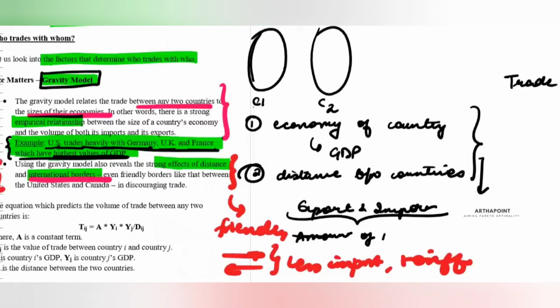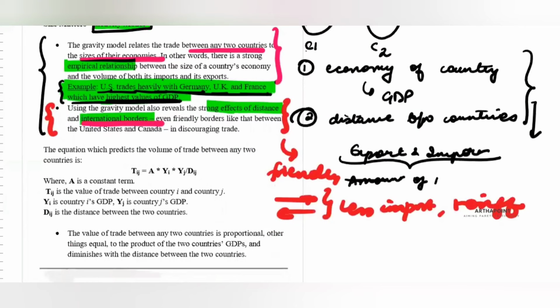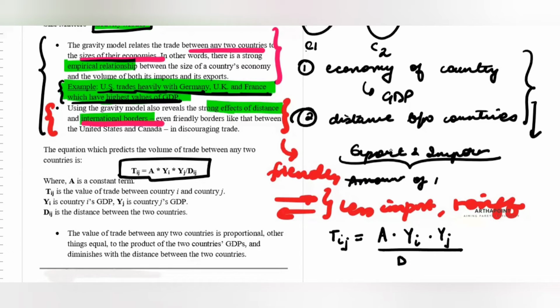Based on this, we can come up with an equation that tells us the value of trade between two countries, country I and J. The value of trade between country I and J depends on a constant term A, on the GDP of country I, on the GDP of country J, and inversely on the distance between the two countries.